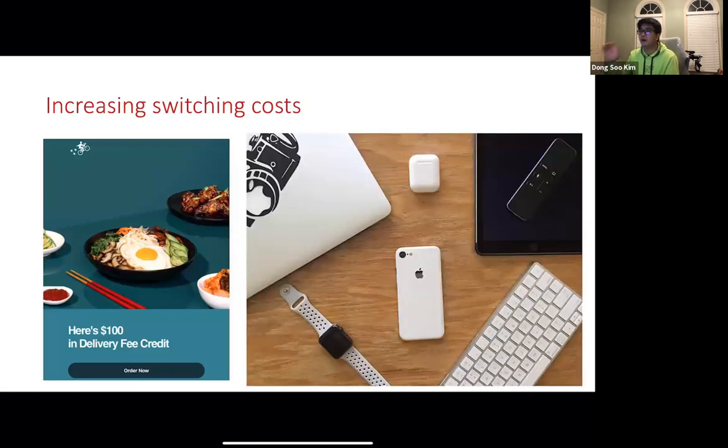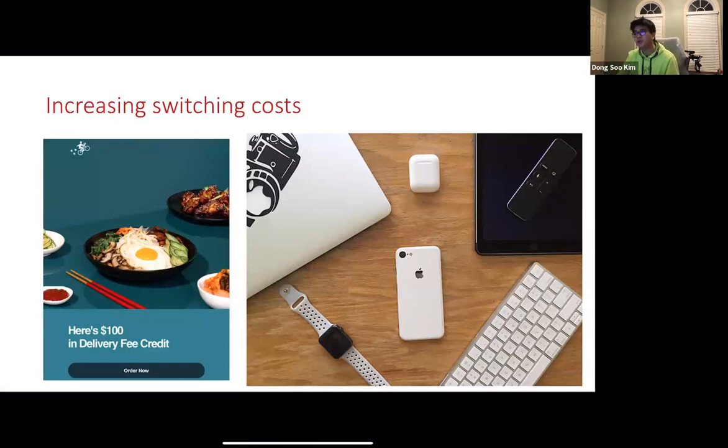Switching costs also occur for durable goods across multiple product lines, and Apple is the best at this strategy. Apple's products are very closely connected to each other, providing customers with synergy when they use multiple Apple devices at the same time. This is sometimes called compatibility.